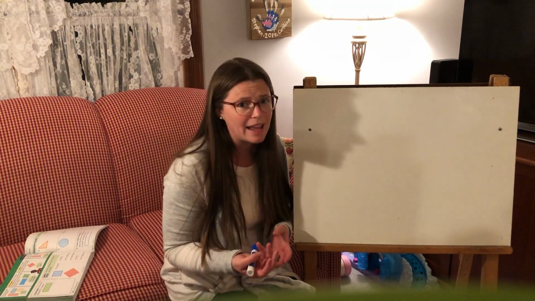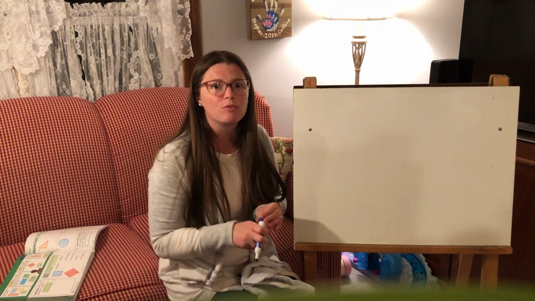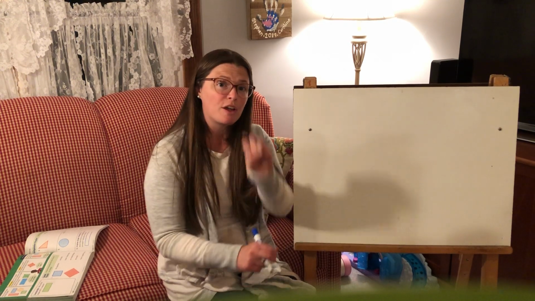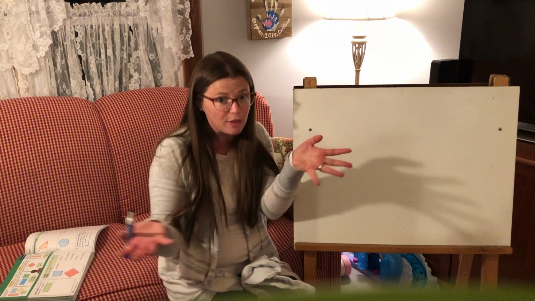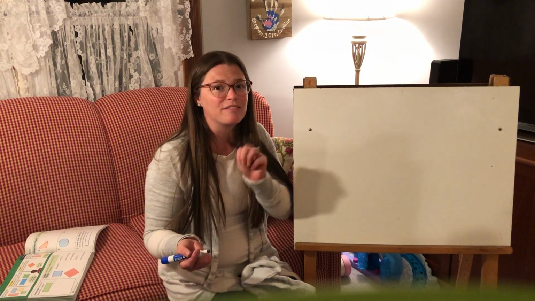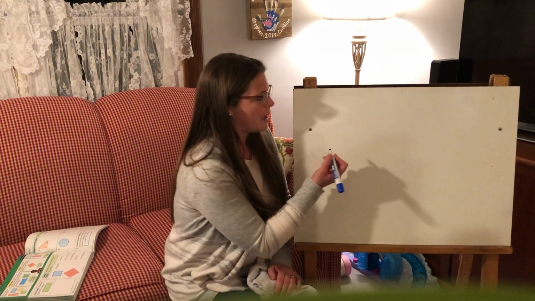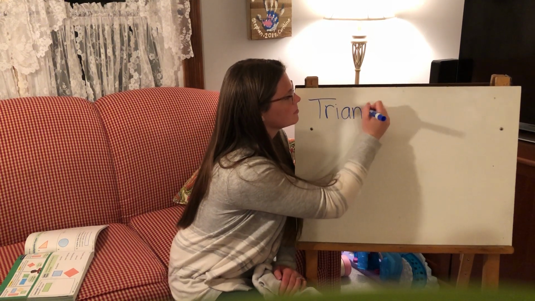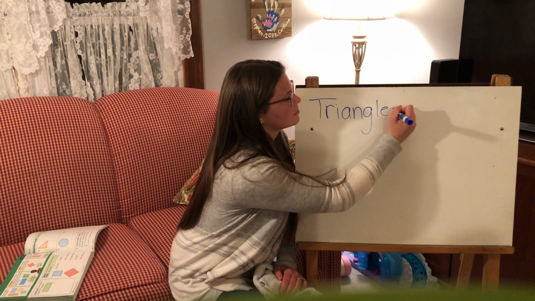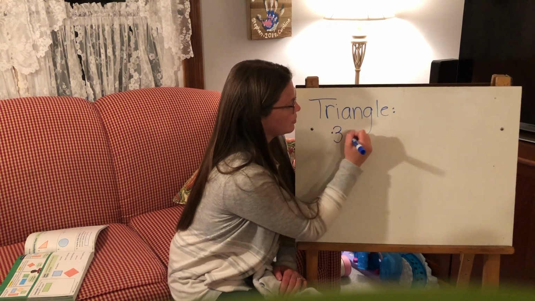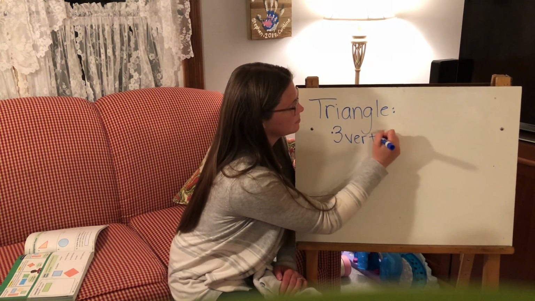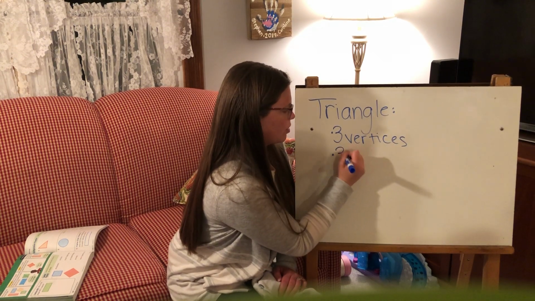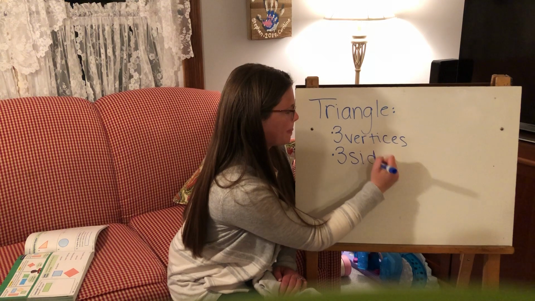And a triangle, what are the rules for a triangle? Well, they have to have 3 sides. You knew that, right? And they have to have 3 corners, okay? So a triangle will have 3 vertices and 3 sides.